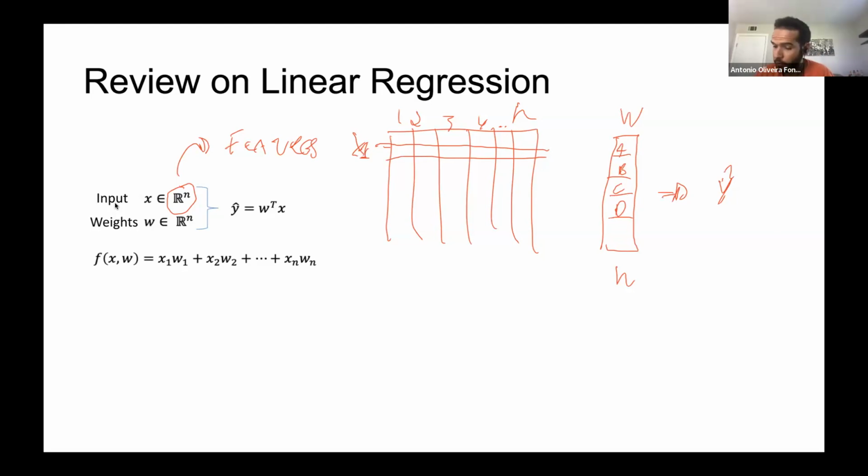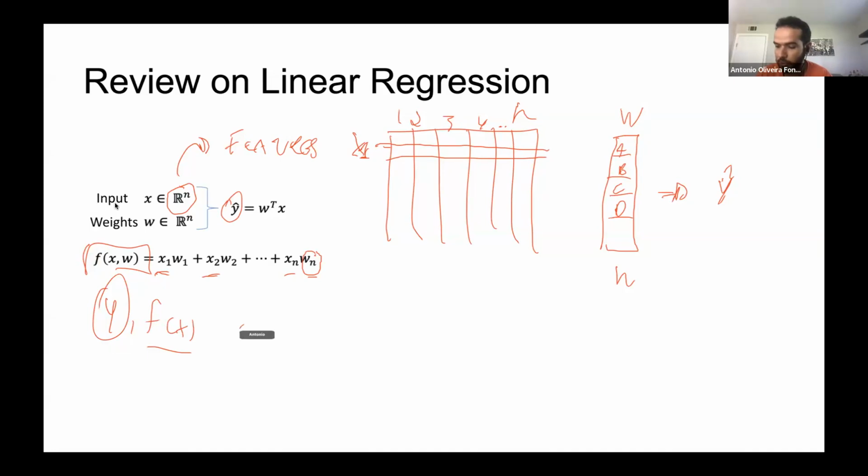Now, if you want to combine that in the framework that we have been using so far, I have to find a way to combine the information coming from the input, X, with the information coming from the output, Y. I have to compare the output of my model, f of x, to the ground truth, and then use the appropriate metric.